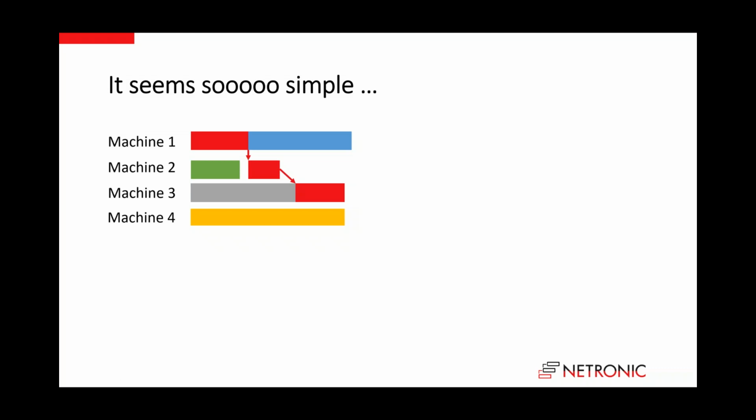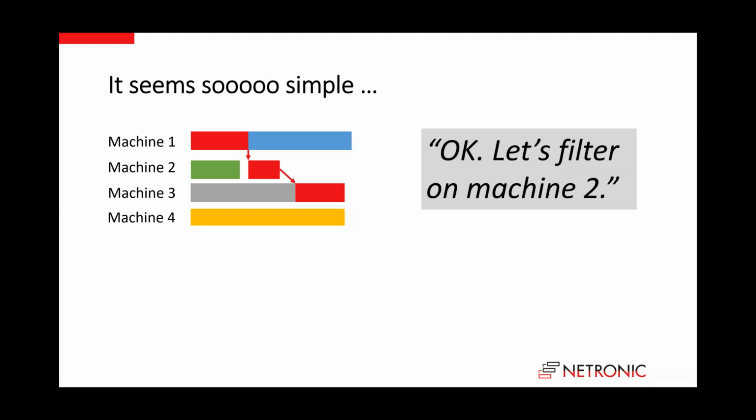And then there is a user who says, hey, I want to filter on machine 2. Other than I did before with the VJS where I applied a job specific filter, I'm not saying I want to filter on the red job, but now I'm talking about, and this makes things really complicated, filtering generally on resources.